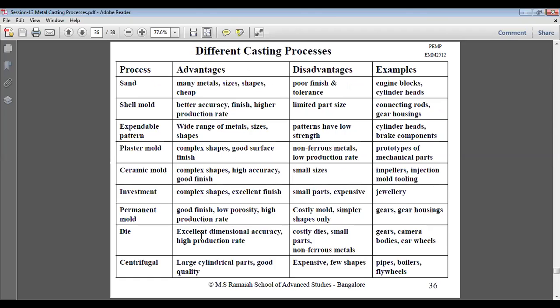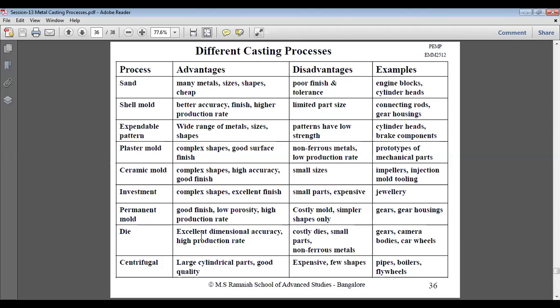This is summarized. Once again, I repeat: sand, shell, expandable, plaster, ceramic, investment, permanent, die, and centrifugal. Advantages: many metals, any size, any shape. We are discussing time and again about the sand casting, then shell mold casting, better abrasive, good surface finish, high production rate, then expandable pattern.